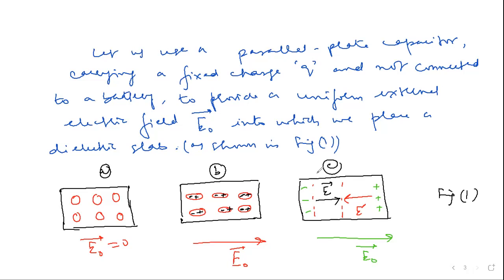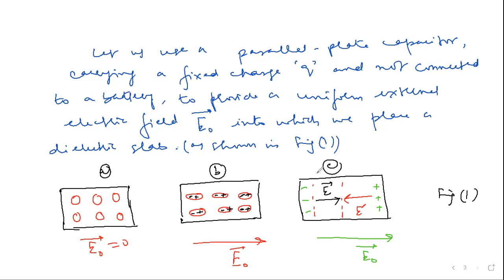So you can understand the overall effect of alignment and induction is to separate the center of positive charge of the entire slab slightly from the center of negative charge. I repeat, although the slab as a whole remains electrically neutral, it becomes polarized as suggested by figure 1b.